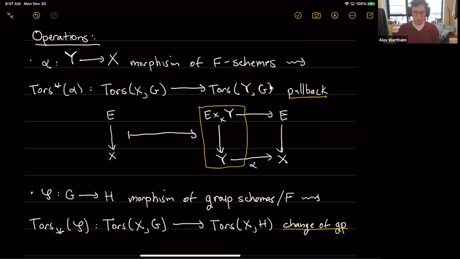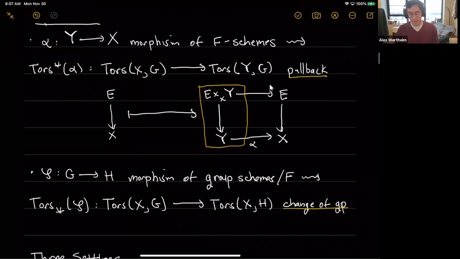So for instance, if I have a morphism alpha from Y to X of F-schemes, then I have a pullback morphism, which I'll denote Tors^*(alpha), from G-torsors over X to G-torsors over Y. And it just takes a representative E going to X to its pullback along the map alpha from Y to X. Likewise, I could also change the group, in which case, if I have a morphism phi from G to H of group schemes over F, then I get a so-called change of group morphism, Tors_*(phi), from G-torsors over X to H-torsors over X. And once again, this isn't too difficult to describe explicitly, but I'll just avoid doing so during today's talk.